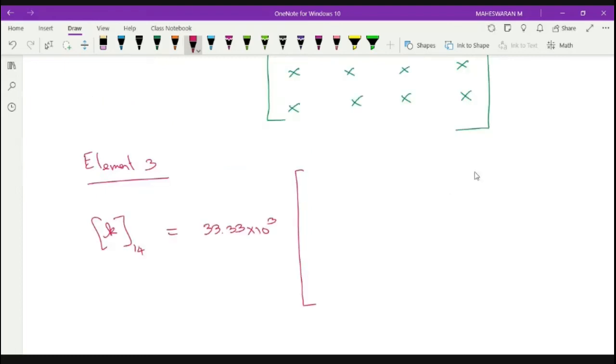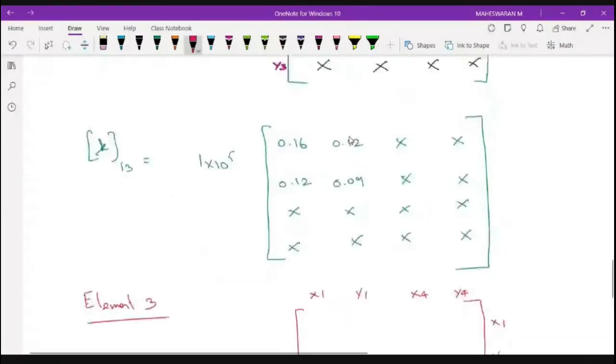So my address for this will be 1, which means x1, y1, and this is 4, which is x4, y4. Similarly here also you will get x1, y1, and x4, y4. So these are my terms. So let me check it out.